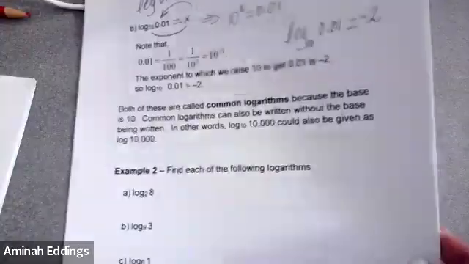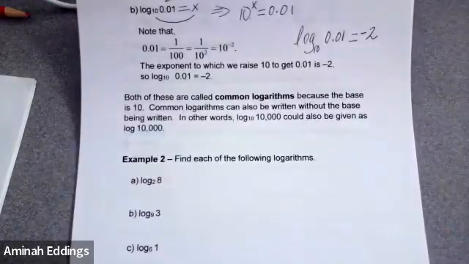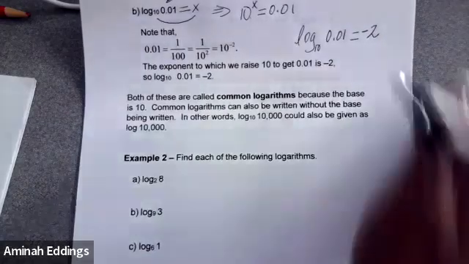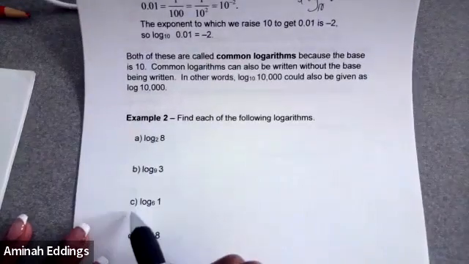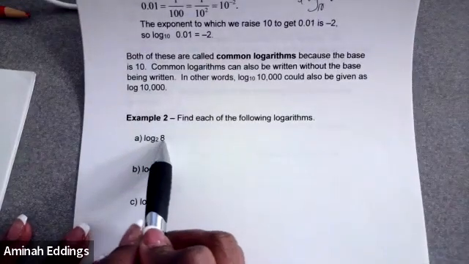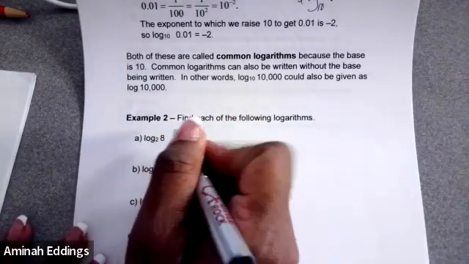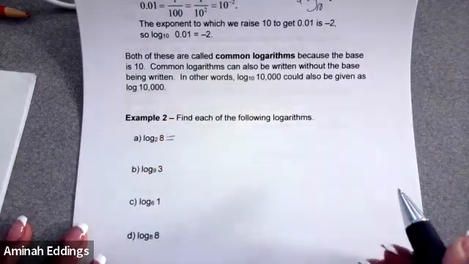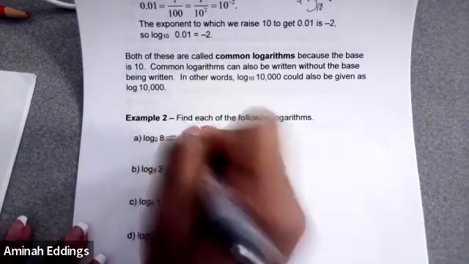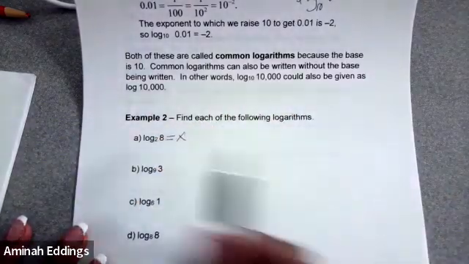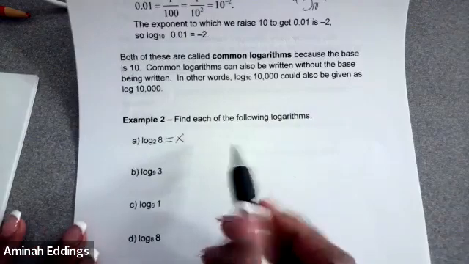Well, your base does not always have to be 10, but we can still solve some of these logarithms where the base is not 10. So let's look at A. It says find each of these. So we have log base 2 of 8. To solve this, we can convert it into an equation and then put it into exponential form.